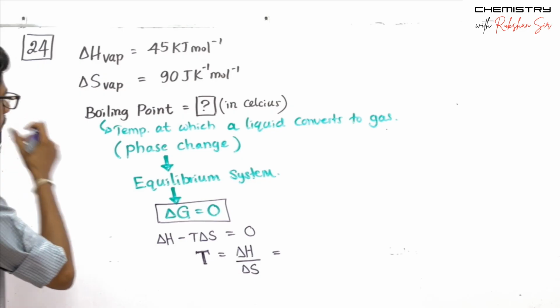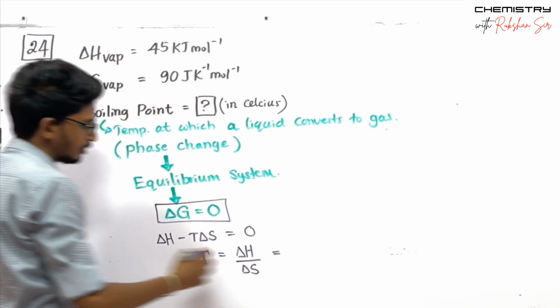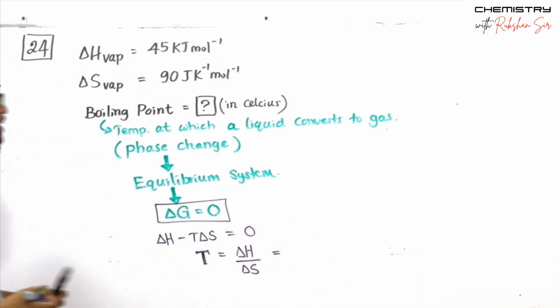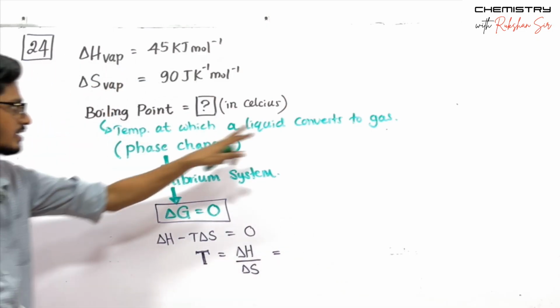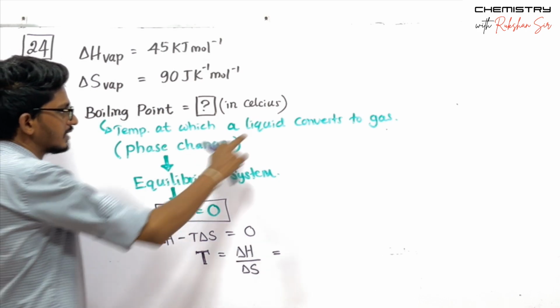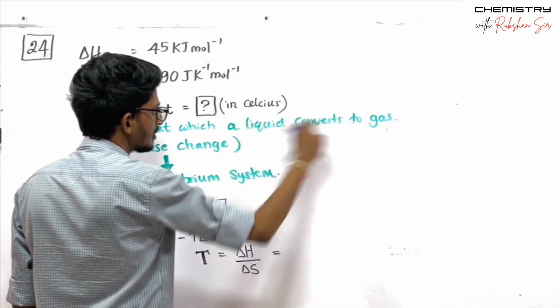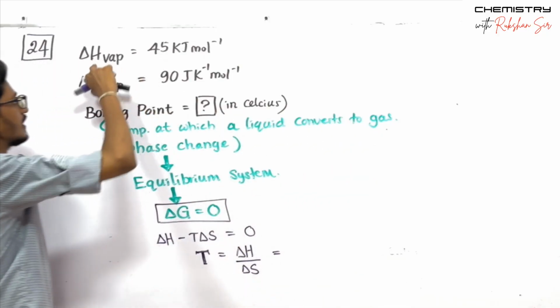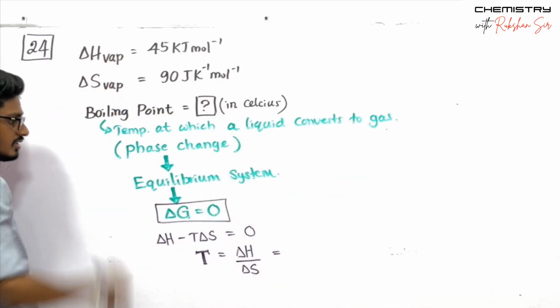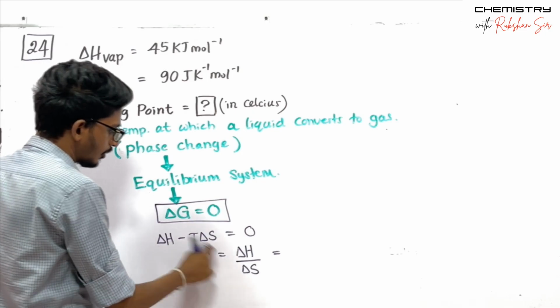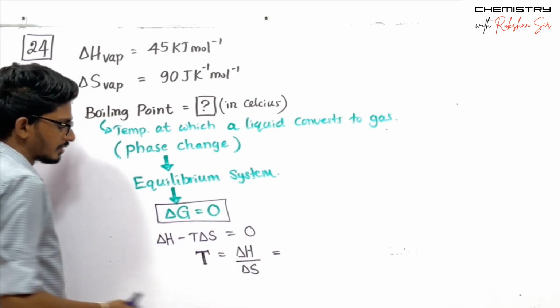So apply the values here. The delta H value is 45 kilojoules per mole. This is all about vaporization, right? Vaporization means liquid converts into gas. The delta H and delta S values are also given for the vaporization, so we can come up with the boiling point using those values.